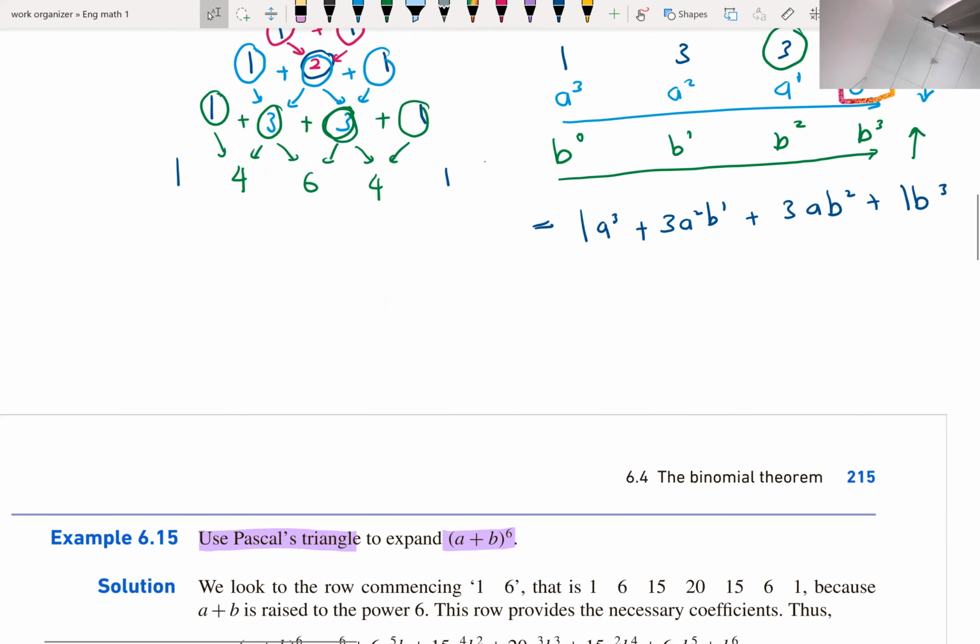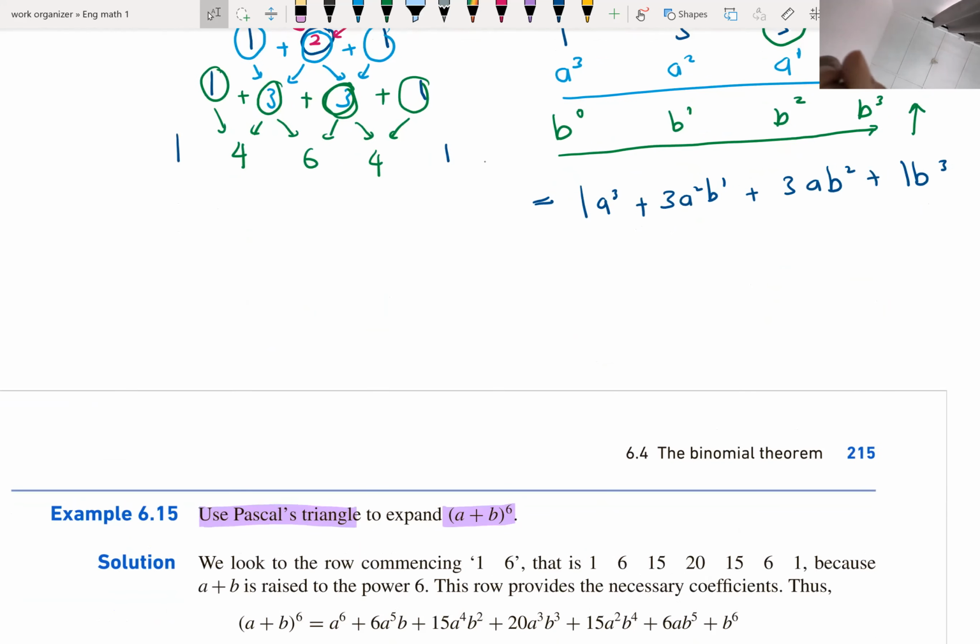The numbers are from the Pascal's triangle above. 1, 6, 15, 20, 15, 6, and 1.